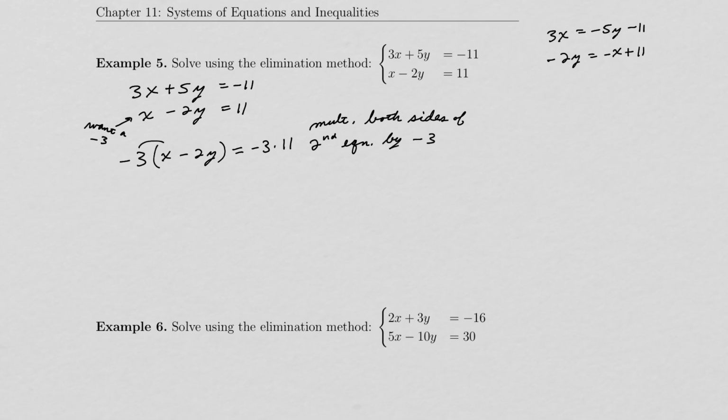All right, so I need to distribute the negative 3. I'm going to have negative 3x plus 6y is equal to negative 33. Okay, now I can add the two equations together, right?